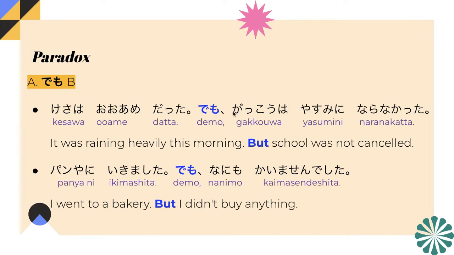Statement B. 学校は休みにならなかった. Which is school didn't get cancelled.